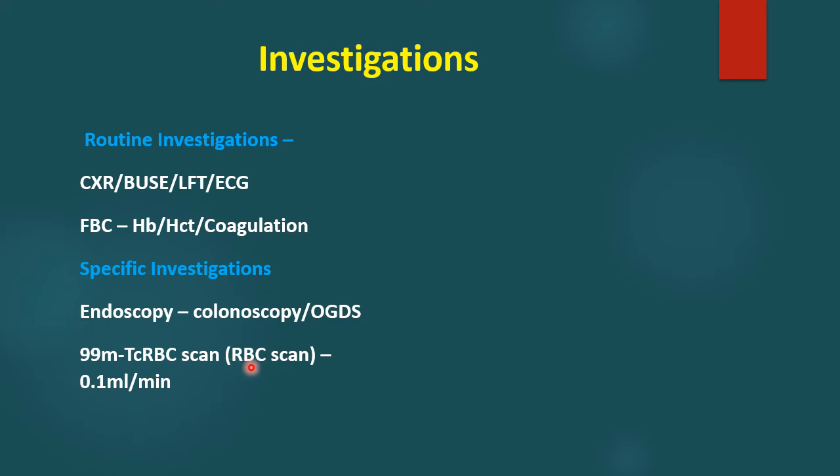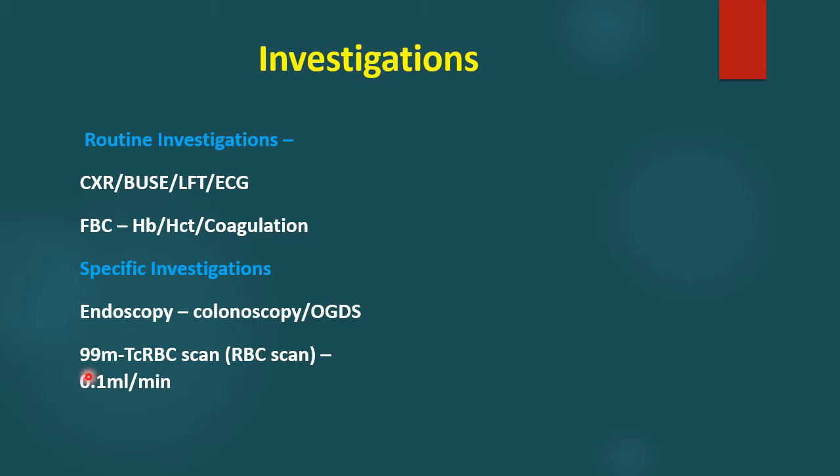The next is your RBC scan. This is a radioisotope-tagged RBC scan, which is done by withdrawing blood from the patient, tagging the RBCs with technetium-99 radioisotope, and then re-infusing these treated RBCs into the patient and following up with radioisotope scans over the abdomen.